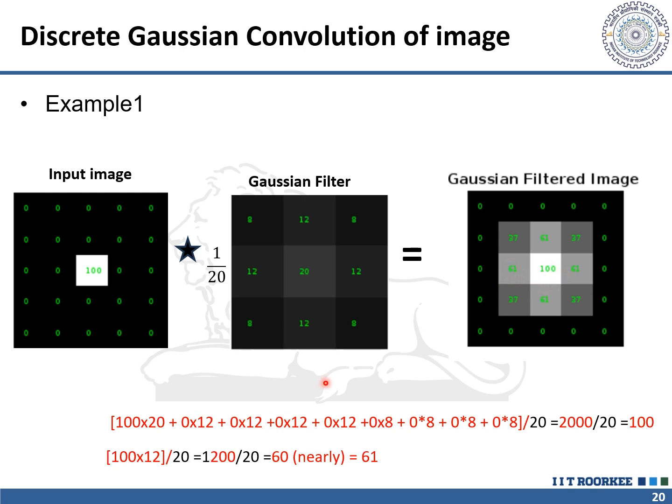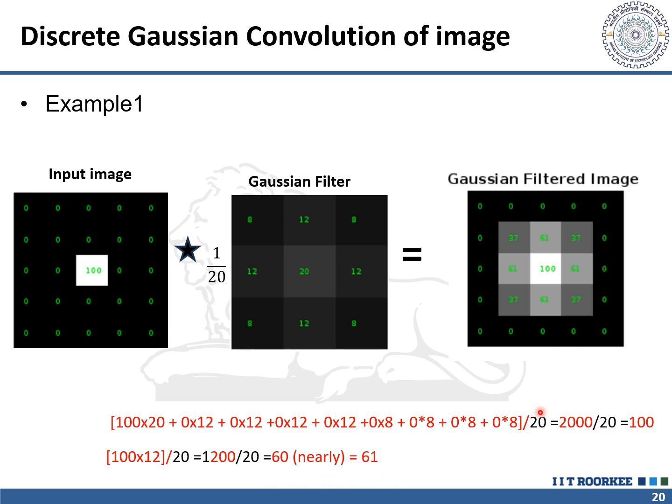Okay, so this 20 will be superimposed on 0, and this 12 will be superimposed on 100. Only 12 and 100 will make sense, and the other terms will multiply to 0. So only 12 into 100 will remain. Divided by 20, we will get 1200 by 20, which is approximately 60, nearly equal to 61. So here one thing you have to note is that I have written 60 as nearly equal to 61.